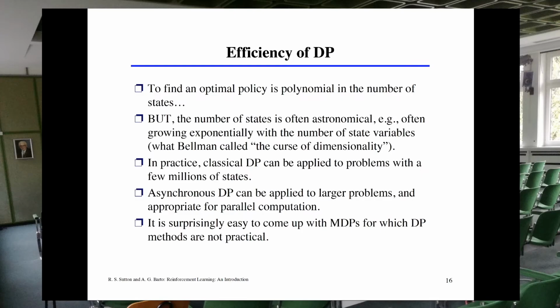To find an optimal policy is polynomial in the number of states, but as we have said before, the number of states is often very large.